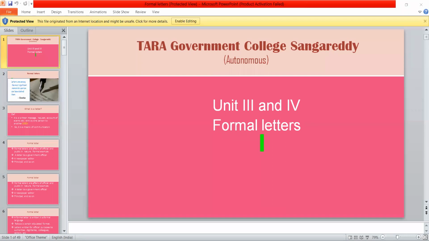You need to follow some stipulated format here. Letters are written for official purposes, to authorities, dignitaries, colleagues, seniors, etc. These formal letters are written to them, and not to personal contacts, friends or family.